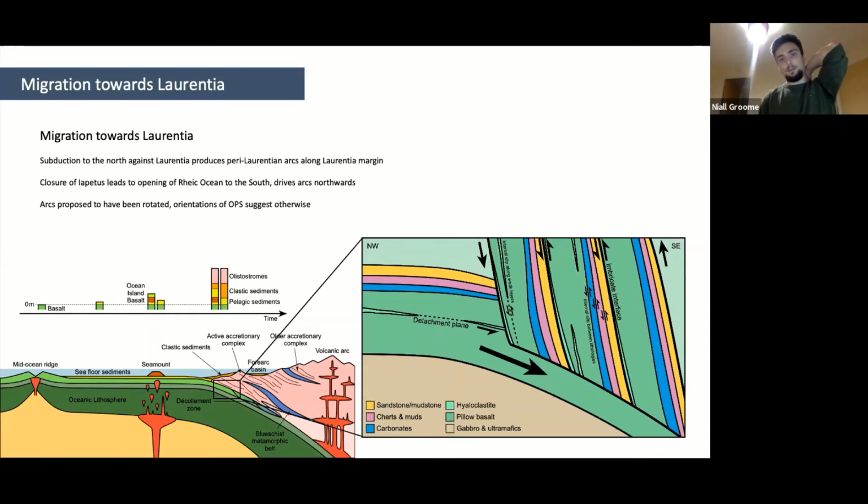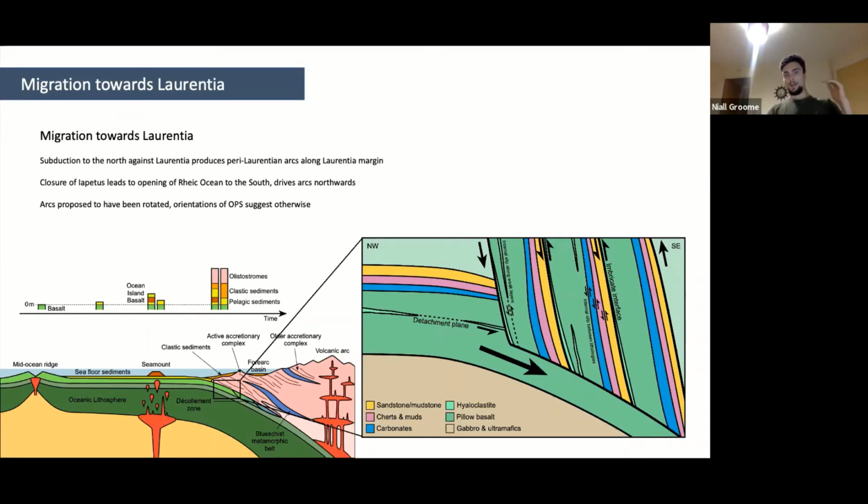So we can tell in which direction these sequences have been accreted, and they've all been accreted essentially facing towards Avalonia, which would make sense because we assume that it's an Avalonian margin. It's not necessarily an Avalonian margin. There's been a case made that it's a margin of a different arc, but the evidence seems to suggest that we are at the margin of an Avalonian arc.